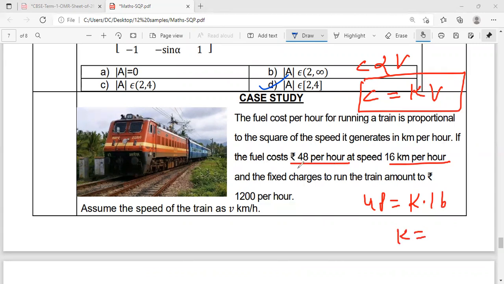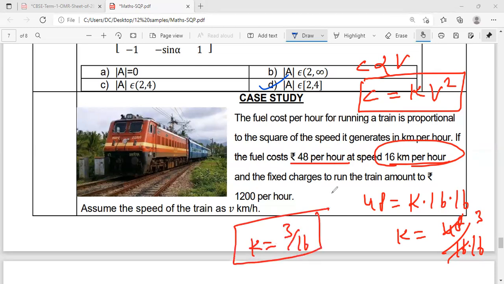We made a mistake: the fuel cost is proportional to the square of the speed. So 48 equals K into 16 into 16, so K is equal to 48 divided by 16 into 16. This 16 should get cancelled 3 times, so K is equal to 3 by 16. The constant is 3 by 16. So our fuel cost C is equal to K into V square, meaning 3 by 16 into V square.